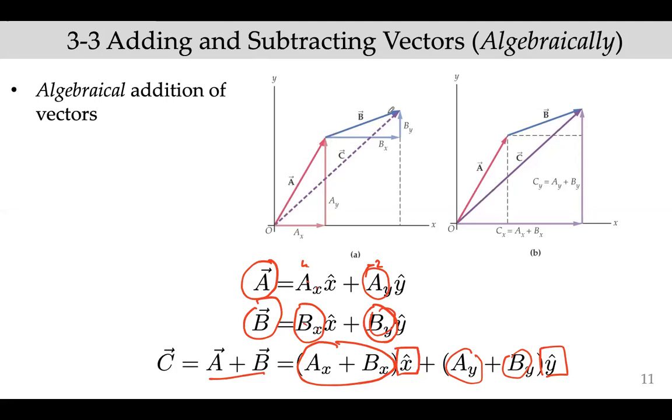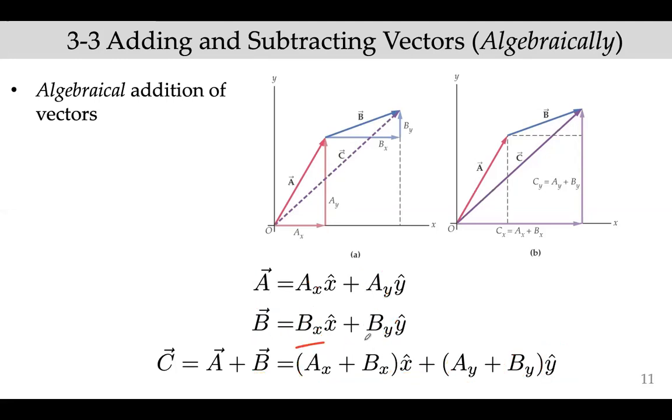So a plus b would be this c. Now look at the components. The x component of c is here. Okay. This is the x component of c. So it is this whole thing, right? The x component of c is actually the x component of a, which is this part, plus the x component of b.